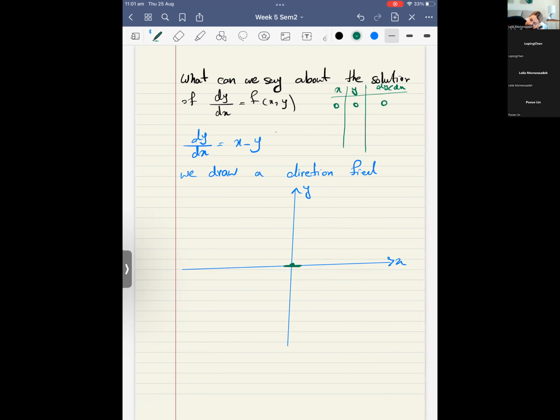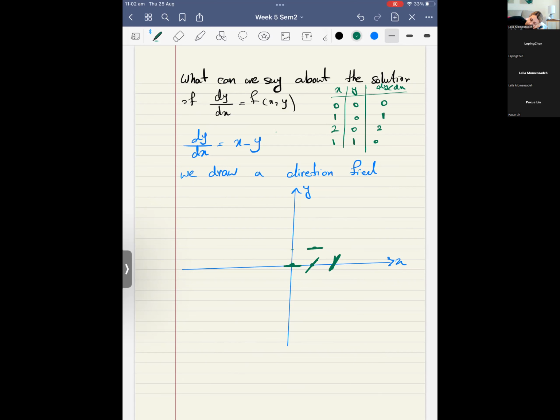If I put x 1, y 0, the slope is 1. If I put x 2, y 0, the slope is 2. If I put 1 and 1, again the slope is 0.